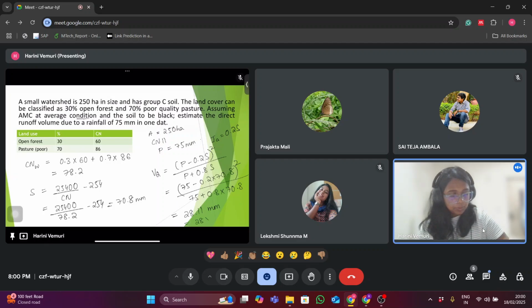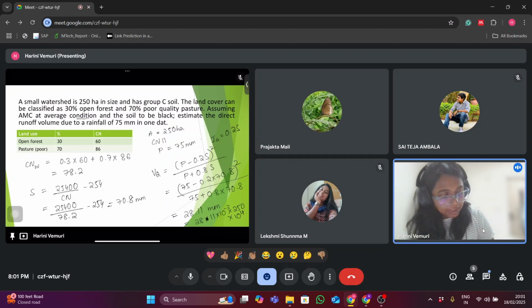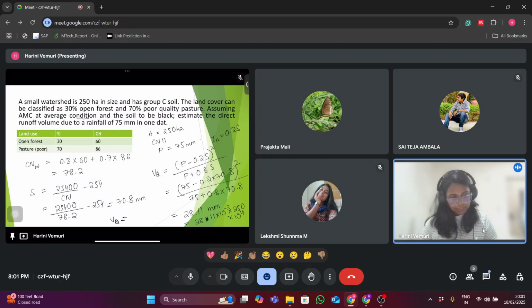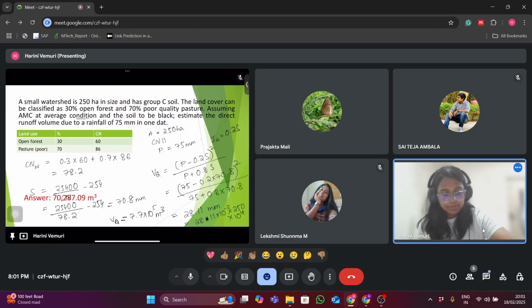To convert into volume, we will multiply with area. Since it's in hectares, it should be multiplied with 10 power 4 to get into meter square. So that is 7.7 into 10 power 5 meter cube. This will be our answer. This is the volume of runoff that we will be expecting.